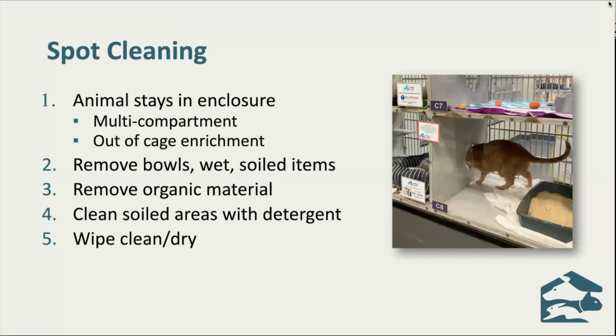There's not necessarily a need to use a disinfectant in this scenario because we're returning that same healthy animal in most cases to that enclosure. We're just opening back so that they have full access to the multi-compartment enclosure. And so we're just sort of targeting those areas that are specifically soiled rather than cleaning the entire space. And then, of course, wiping it clean and dry to make sure that there's no residue that remains behind before the animal has free reign of the whole space.